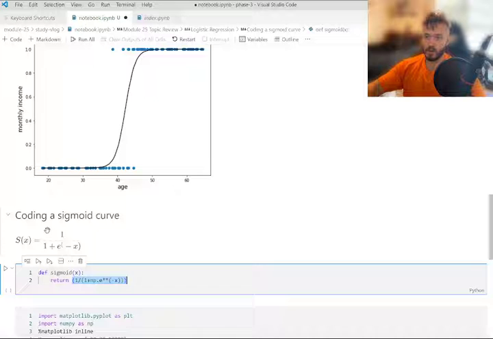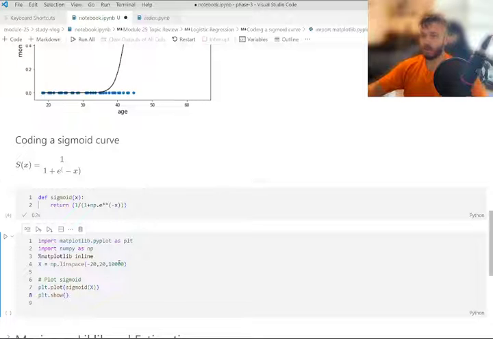So we have our 1 over, and I enclose it in parentheses just so Python knows what goes with what. 1 plus, you can call e with numpy using np.e, pretty simple. Our double asterisk to bring it to the power of negative x. So we have our formula here. We run that. Now we have that function defined.